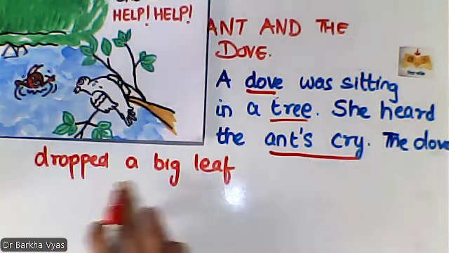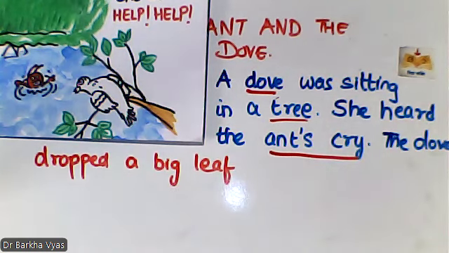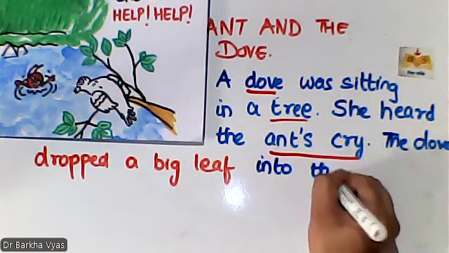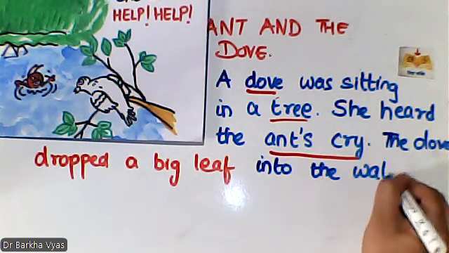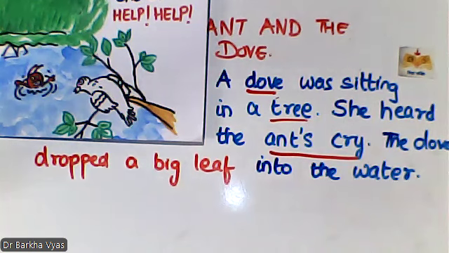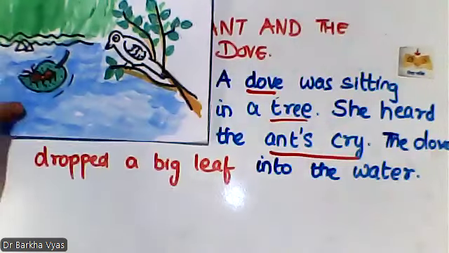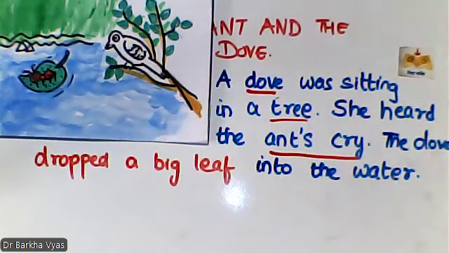So the dove dropped a big leaf into the water. What did the dove drop? Drop यानी कि उठा के नीचे फेंकना. Dropped. So the dove dropped a big leaf into the water. So what did the dove do? The dove dropped a big leaf into the water.